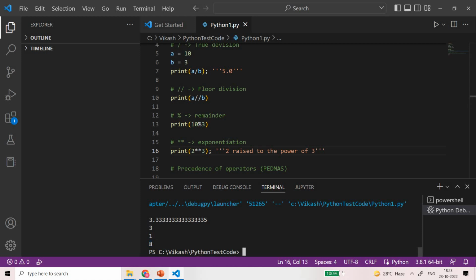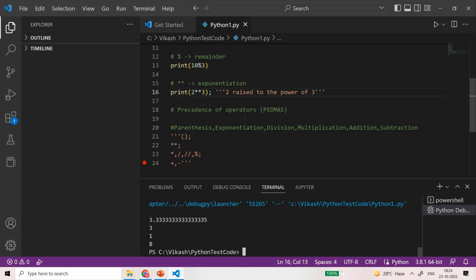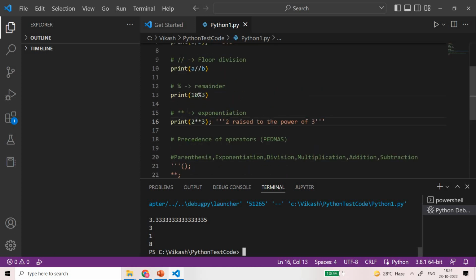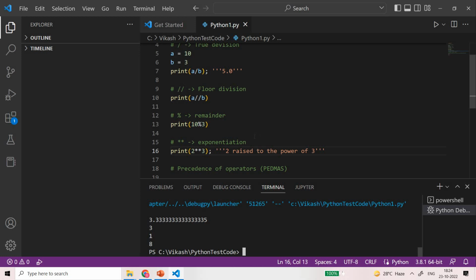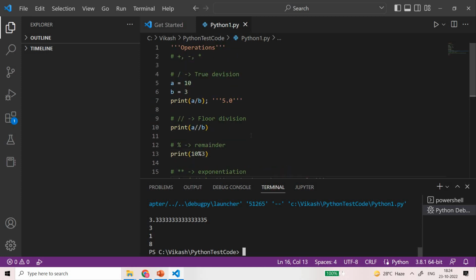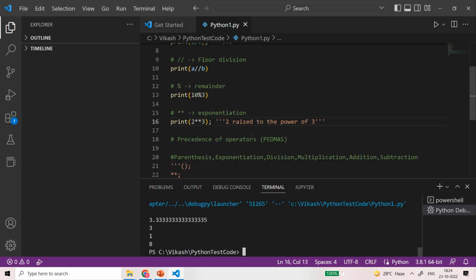That's how it works. Now you have become aware of the exponentiation operator. So the double asterisk for exponentiation and the floor division are some of the new operators given in Python.